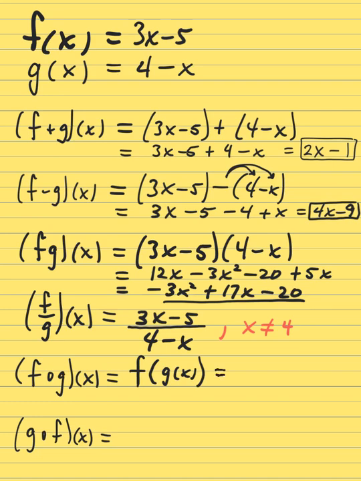G of x is 4 minus x. So we're going to replace g of x with what it's equal to, and then we're going to place that into f. Well, f is 3 times x minus 5. 3 times our substitution minus 5.